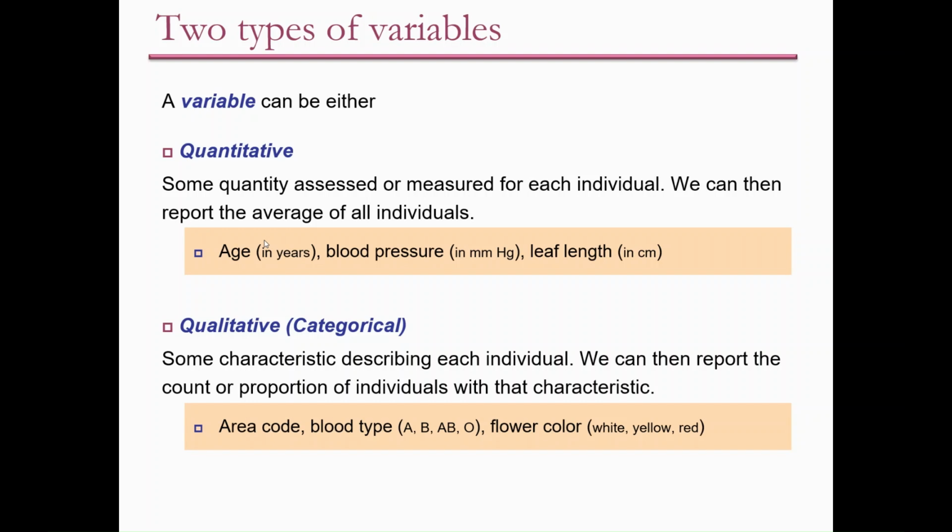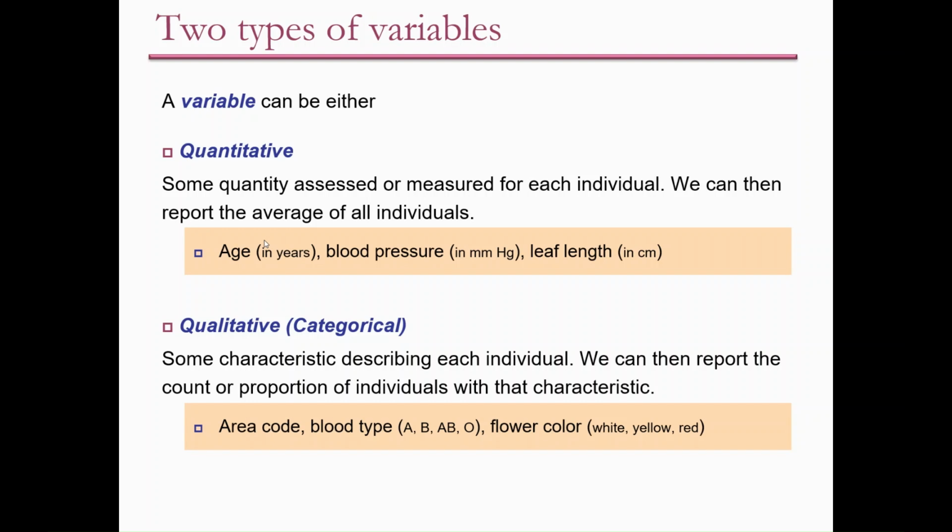Another big reason for looking at these two is that there are certain types of graphics that we can make when our data is quantitative versus qualitative. For qualitative data, we really will only be looking at bar graphs, pie charts, and frequency tables.